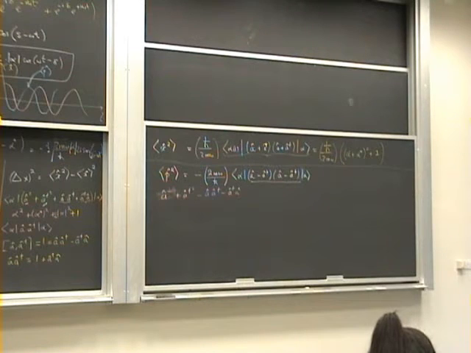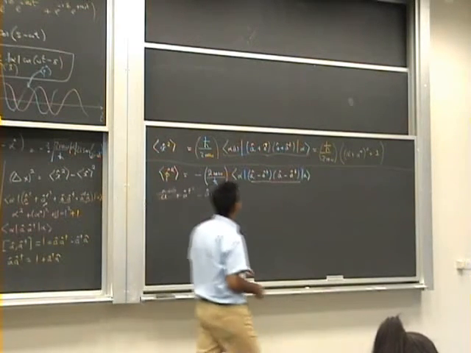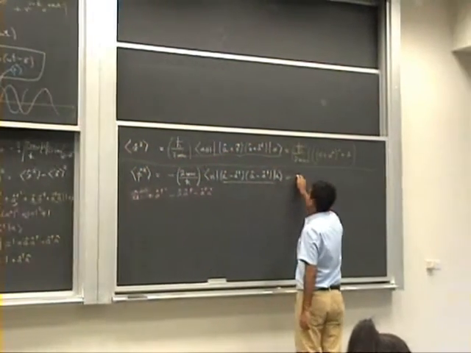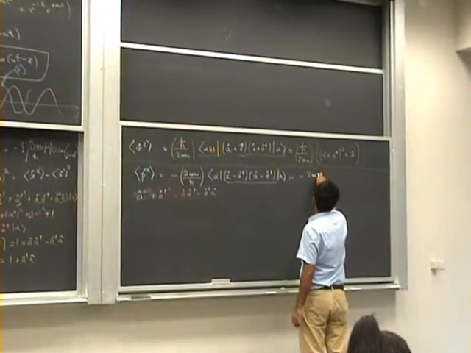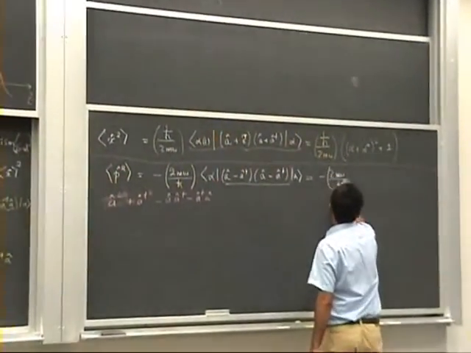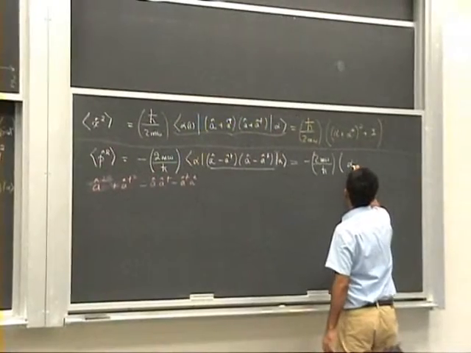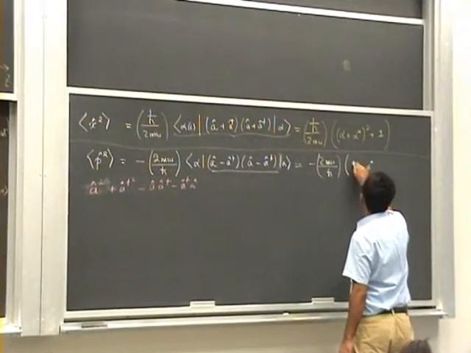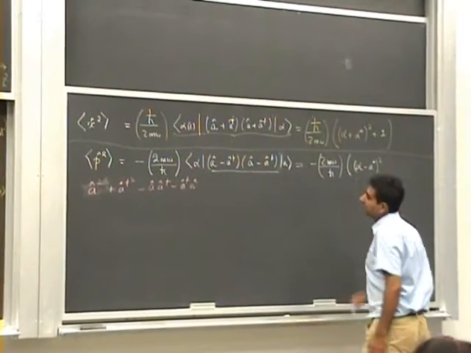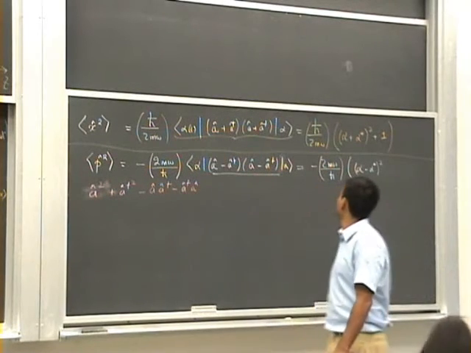So the result of this computation is minus 2m omega over h bar, alpha minus alpha star squared minus 1.